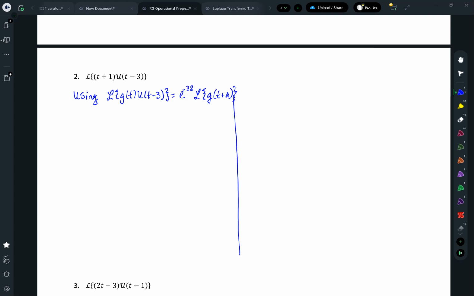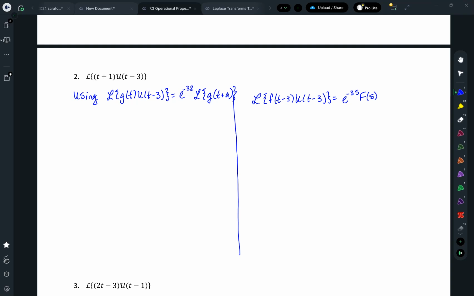And then in the other one, we'll focus on the other form where we look at the Laplace of f of t minus a, u of t minus a. I'm going to change those a's, sorry, to 3's, is equal to e to the minus 3s big F of s. Just so you can see which one you like more.